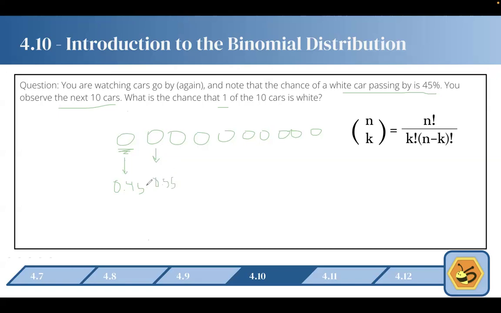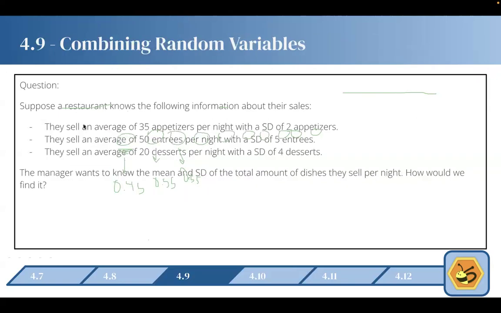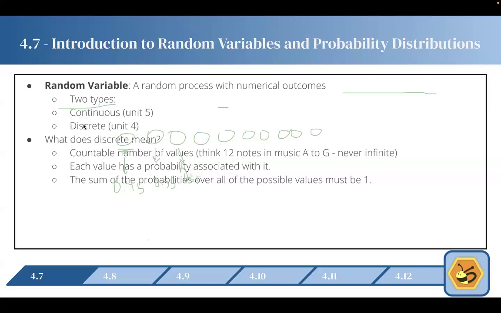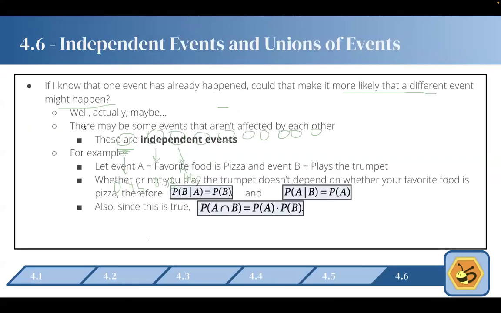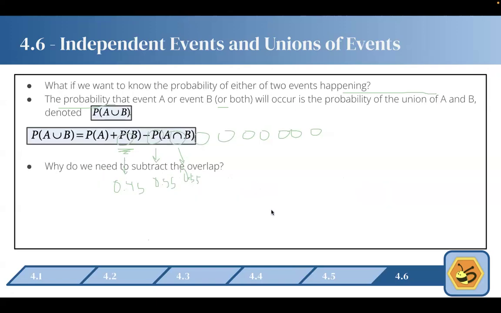Exactly. And so all of these are going to have a 0.55 chance of not being white. Because they're each independent, and remember all the way back to the very beginning, where we said that if they're independent, we can multiply them together to get the probability that this event happens in this specific way.